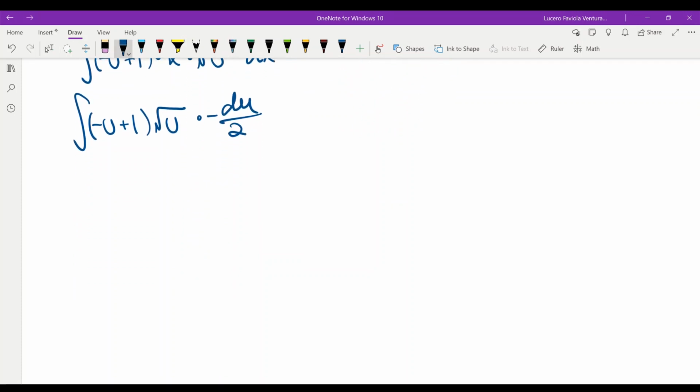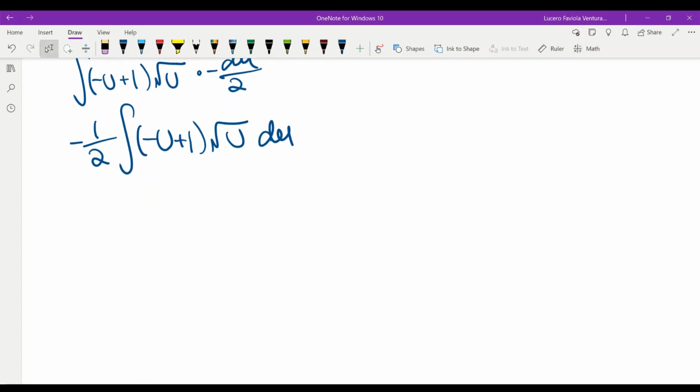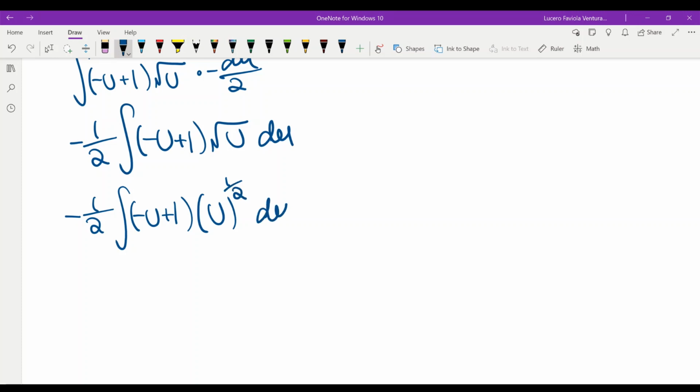So I'll bring it out and rewrite it as negative 1/2 integral of negative u plus 1 times the square root of u du. And then down here, I can rewrite it once more as negative 1/2 integral negative u plus 1 u to the 1/2 power du.